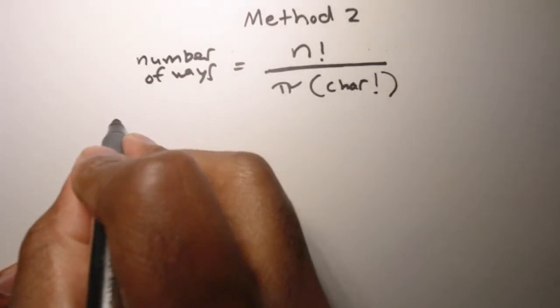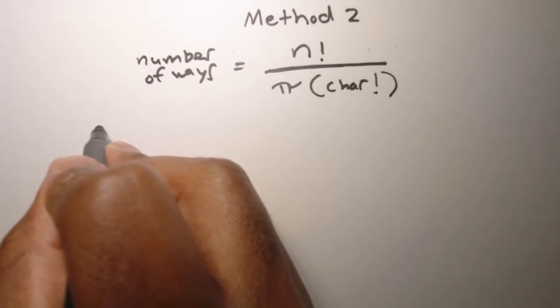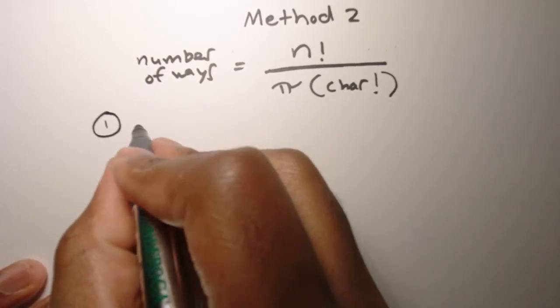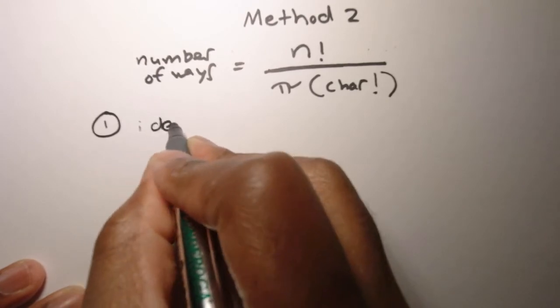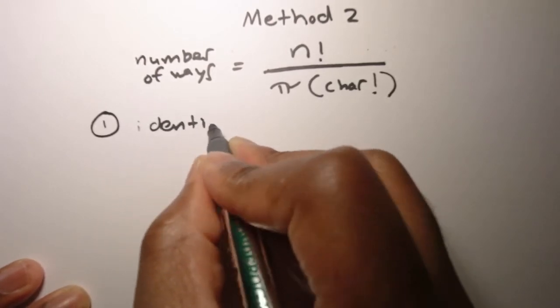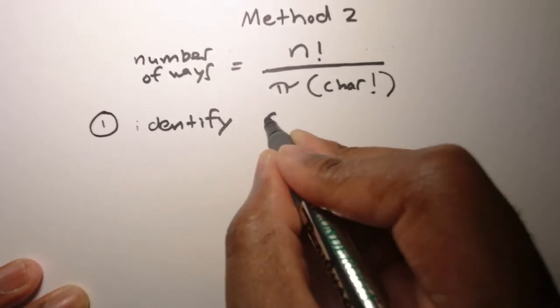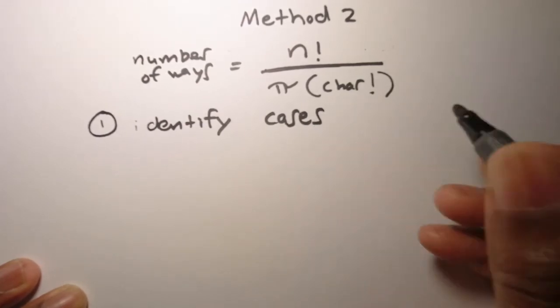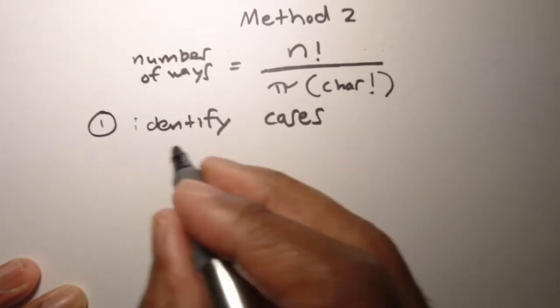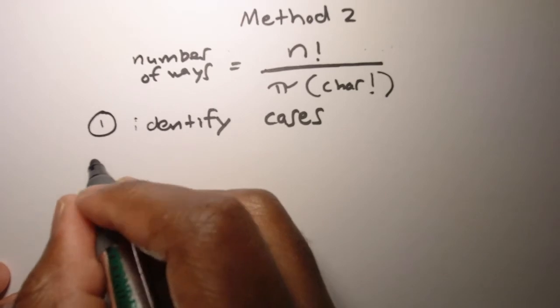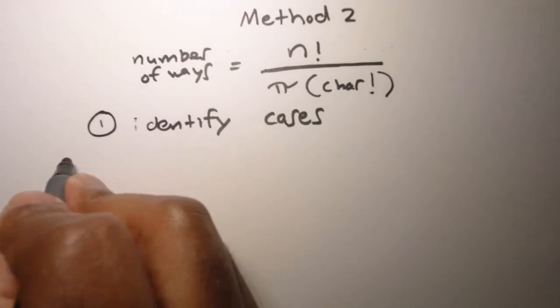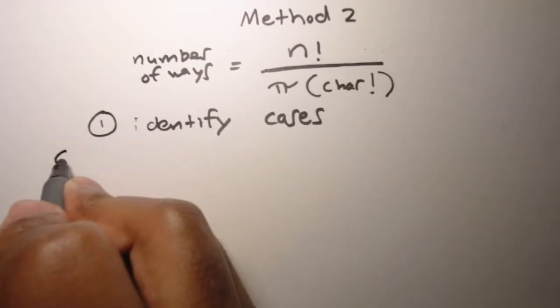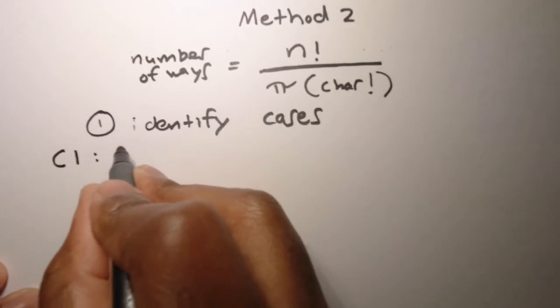The first step, step 1 for method 2, is to identify the cases that we have. And we have 6 different cases. I'm going to denote each case by C1, C2, C3, and so forth. So let's say C1, we have that as all A's.